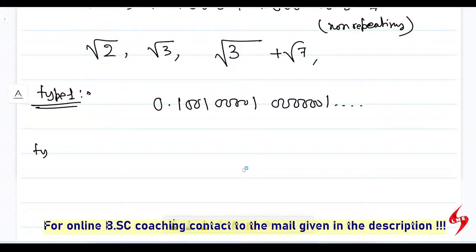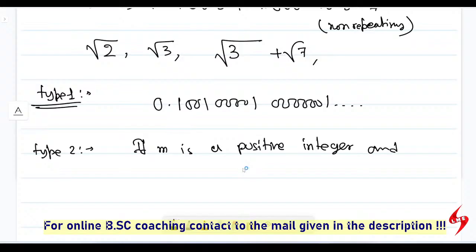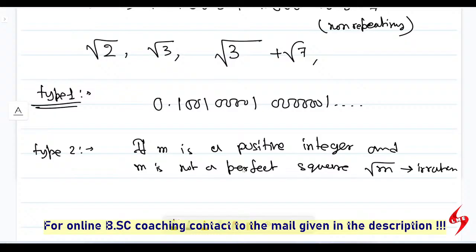Next, another type: if m is a positive integer and m is not a perfect square, then root over m is an irrational number. Always remember this. Okay. Type 3.